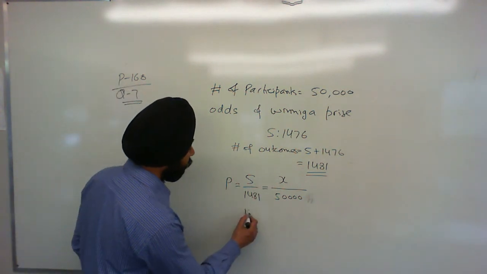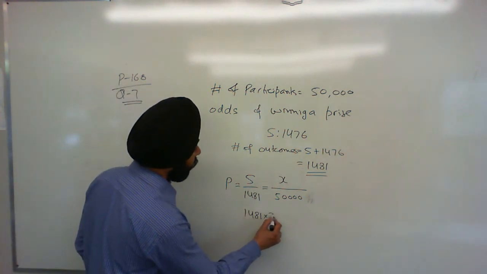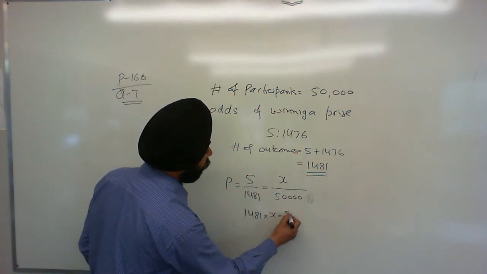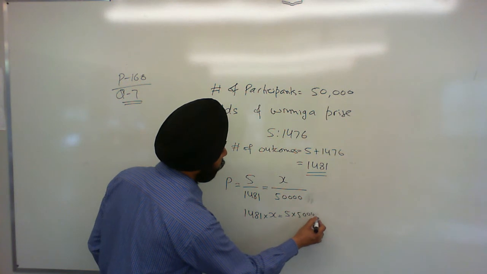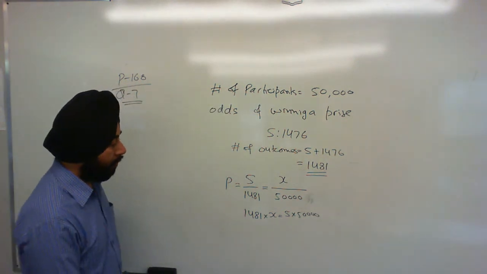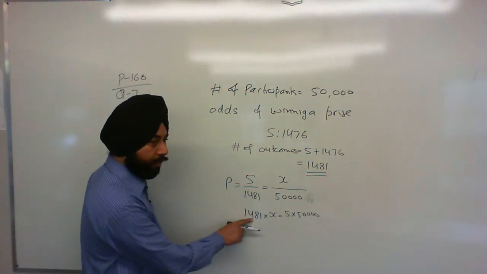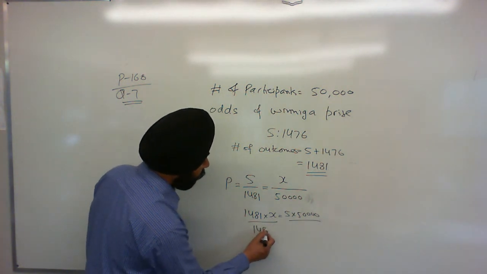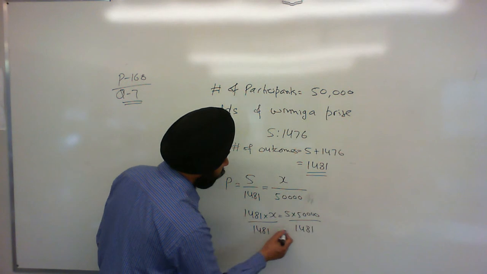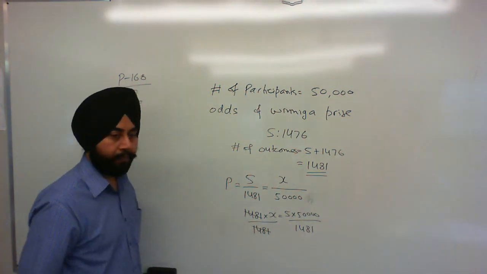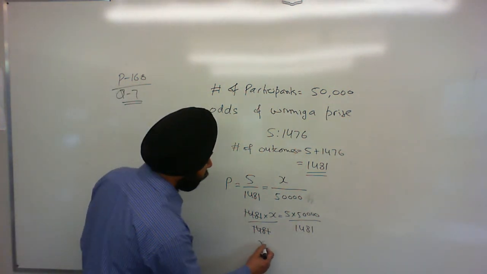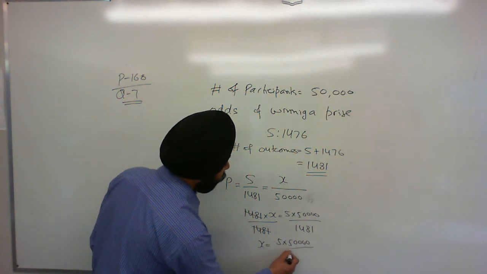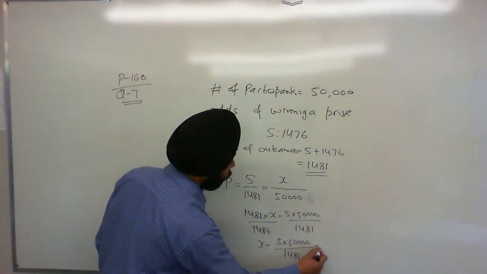That will give you 1,481 times X. You multiply both of these and then you multiply these two, 5 times 50,000. And then to get rid of 1,481, you divide both sides by 1,481. This will cancel out. That leaves you with X is equal to 5 times 50,000 divided by 1,481.